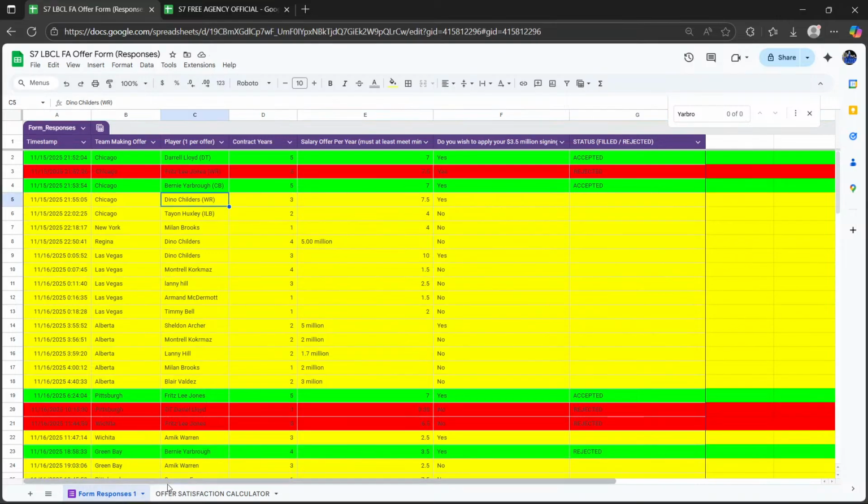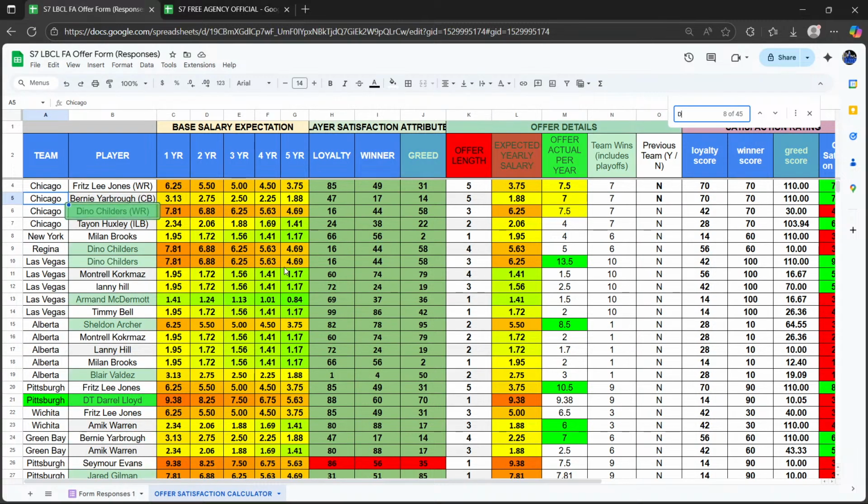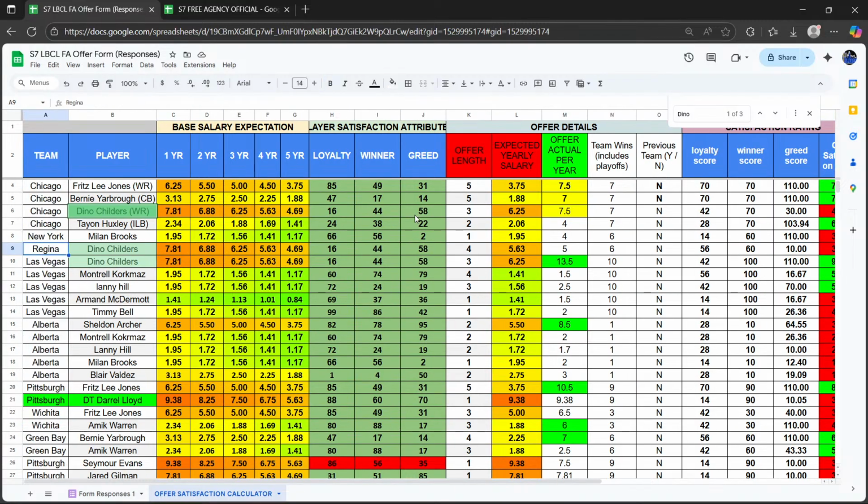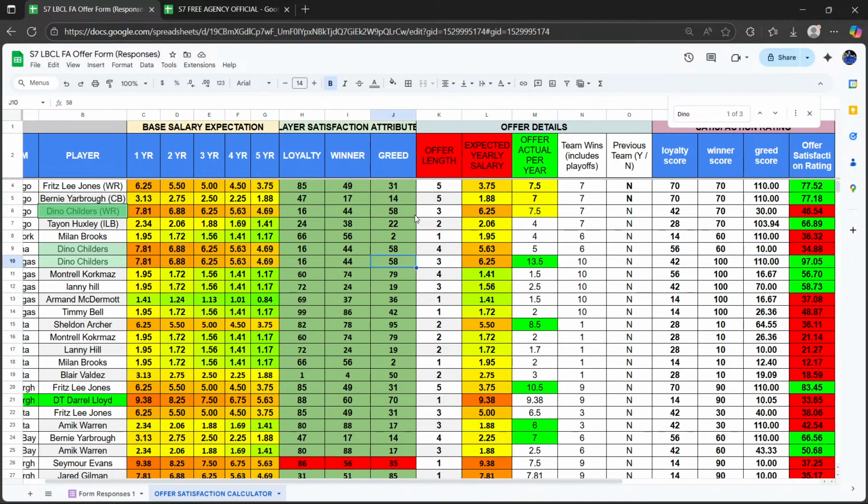Dino Childers is next. Dino had 3 offers. My offer on Dino didn't even meet the threshold, so I'm out. And the other 2 are another one that didn't meet the threshold, Regina and Vegas, which offered a humongous deal. 3 years, 13.5 million. Yeah, you did beat me twice. That's 100% true.